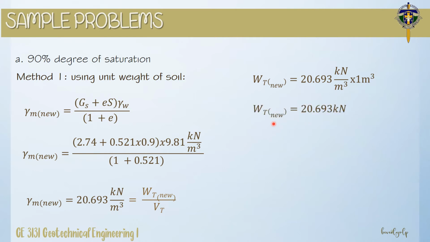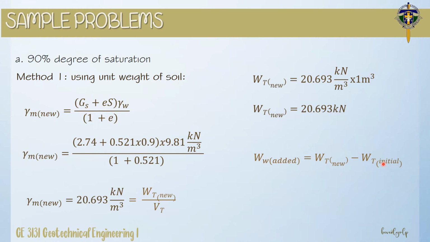We now have the weight of water, which is 20.693 kilonewton. Again, this is if the degree of saturation is 90%. Since we already solved that one, the weight of water that is added is simply the weight of water at 90% degree of saturation less the weight of water at the initial 82.7% degree of saturation.